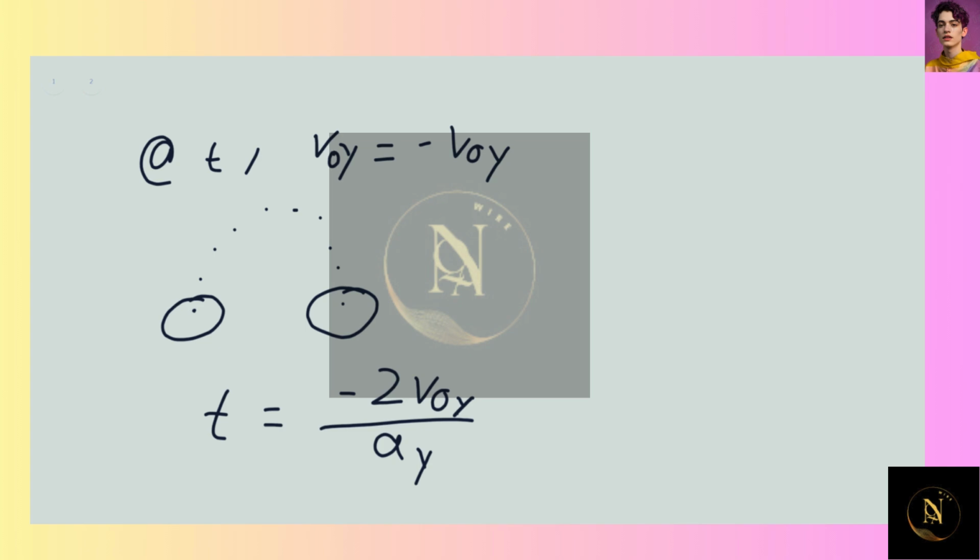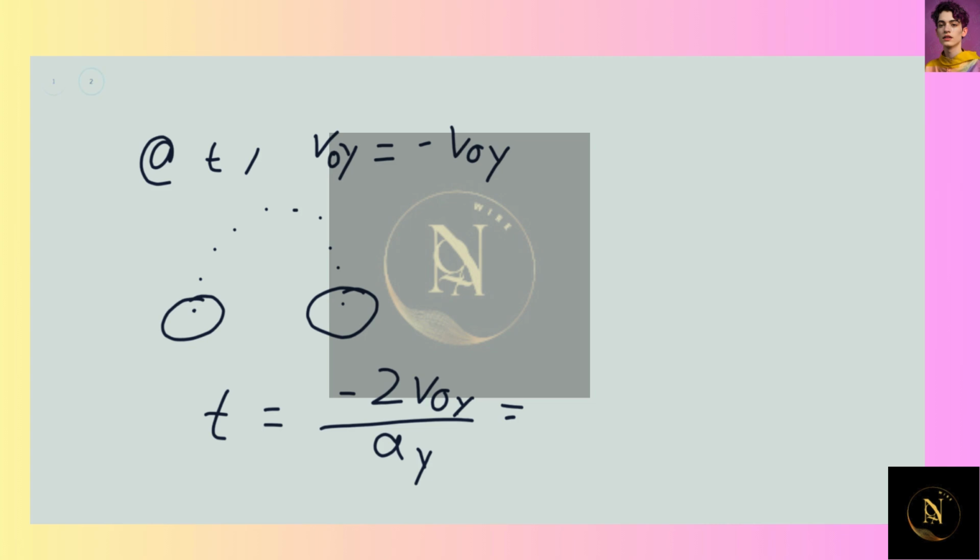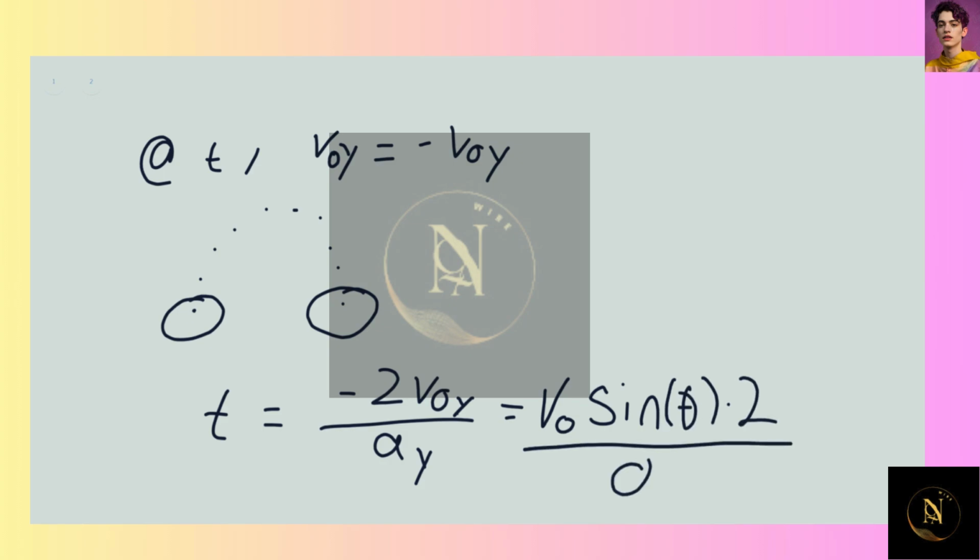All right, and now, as you can see from splitting up the velocities, our y component is our actual velocity, v0, times the sine of theta. So this is going to be our final equation for t.